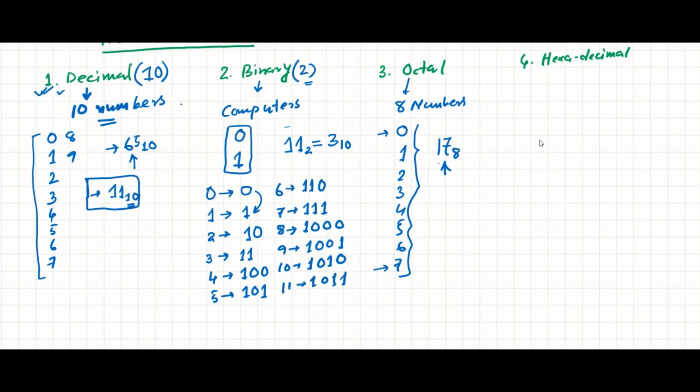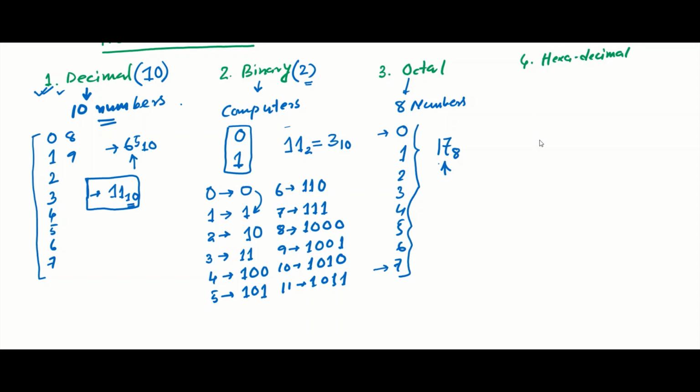Now let's talk about hexadecimal. Hexadecimal is going to use 16 symbols in total, numbers along with alphabets. Out of the 16, it will use 10 numbers and 6 alphabets.